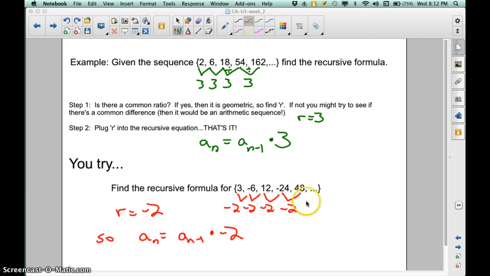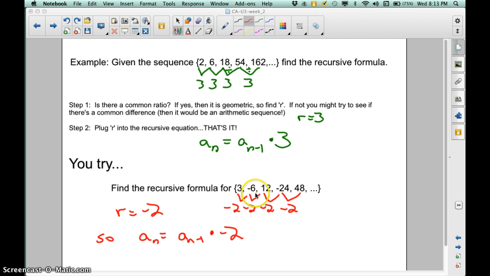How'd you do? I hope you divided, and I hope you didn't miss those negatives. Every time you divided, as long as you put in those negatives, you got a common ratio of -2. And so r is equal to -2. Notice that when r, the common ratio, is negative, our signs in each term flip-flop.